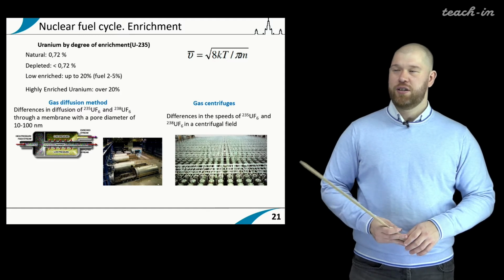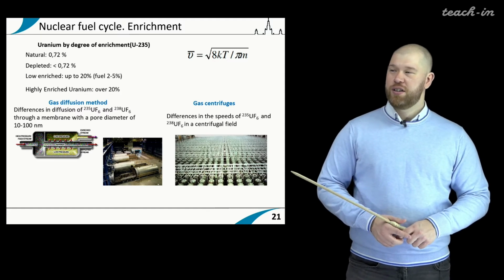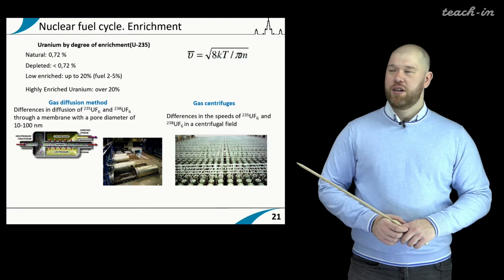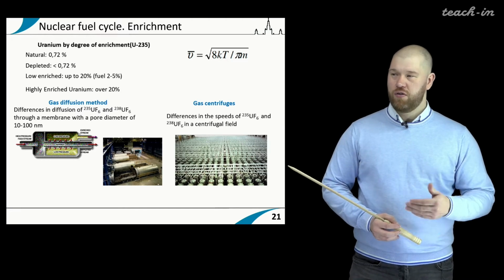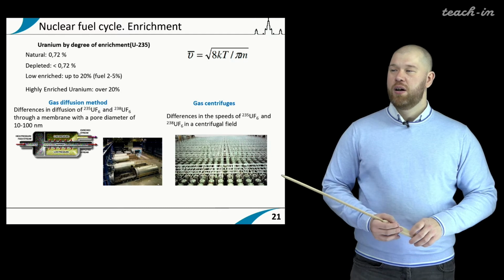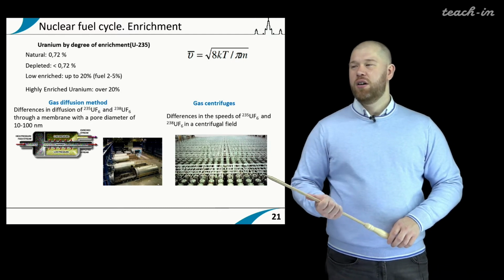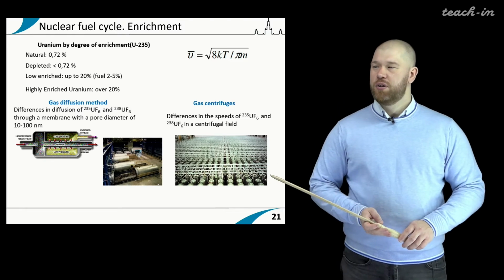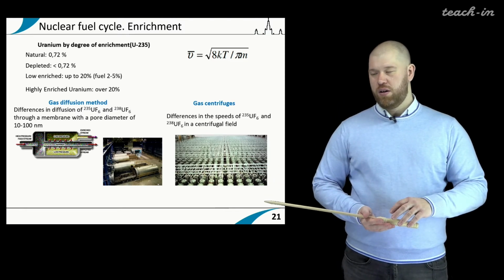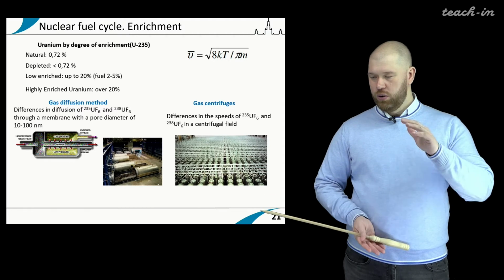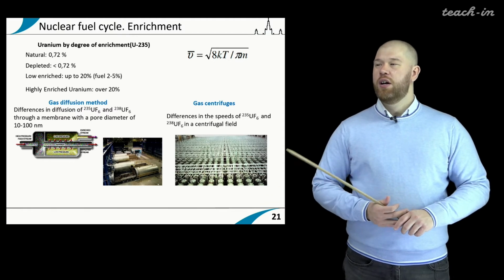And again, this centrifuge separation can be repeated many times. Actually, it is thousands of centrifuges that are used for the enrichment of uranium. They have different constructions. In the USA, for example, they use very tall centrifuges.